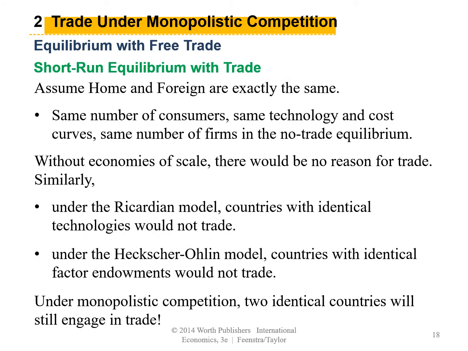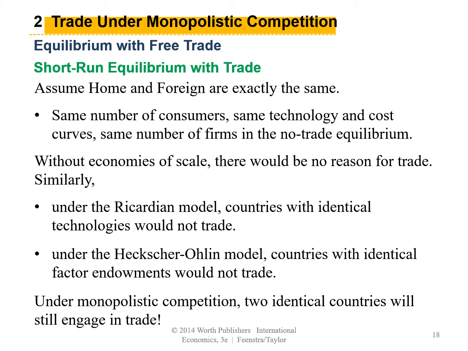So, for example, one country can specialize in being the dominant producer and exporter of high-end golf clubs, and another country can specialize and take advantage of economies of scale in producing a different type of golf club.